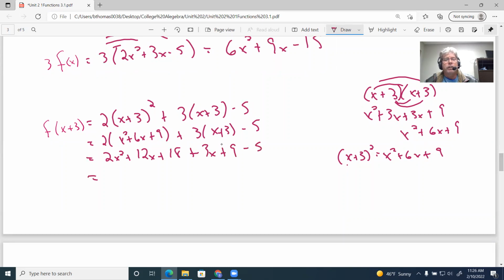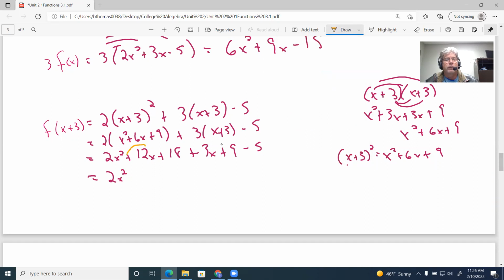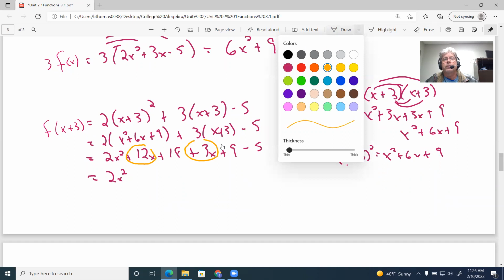So then we just combine like terms. The quadratic term, I'm only seeing that 2x squared, so it just comes down. The linear term, what I'm seeing is there is this 12x, and there's this 3x. So as far as those go, that's going to give me a 15x.